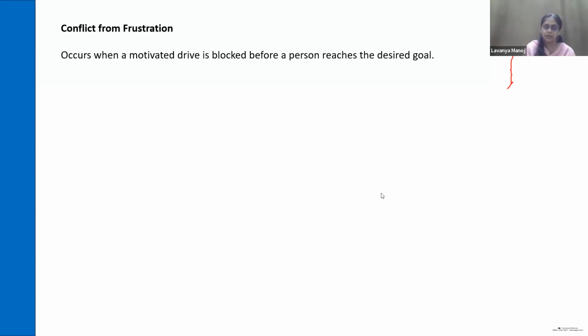They may feel tired, frustrated, and exhausted, and sometimes they may doubt whether they should really achieve this goal, or whether it is necessary right now. When this kind of conflict happens, it is called conflict from frustration. With exhaustion, nothing can be achieved.